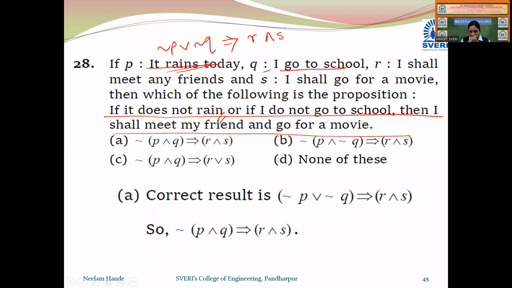R and S. So is this the option there? Option A.